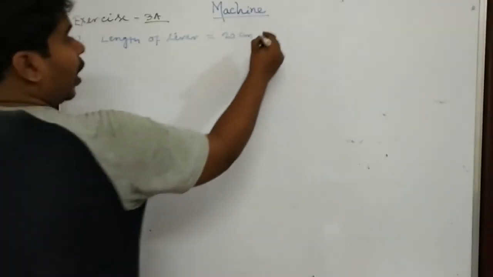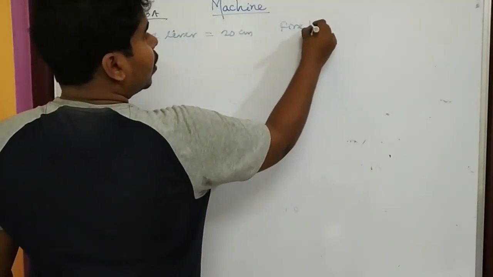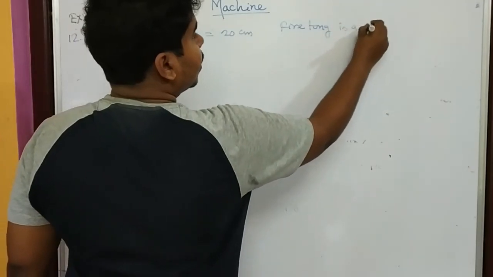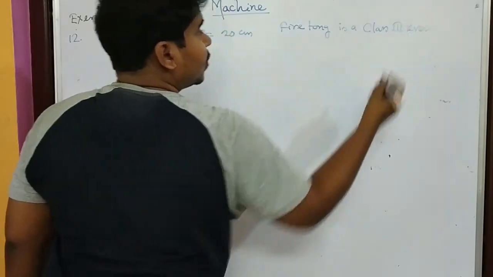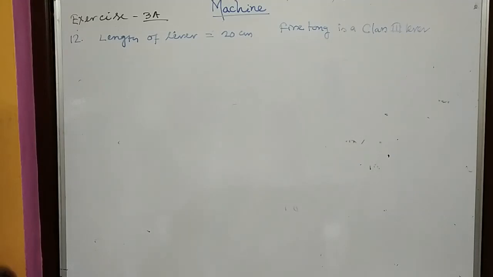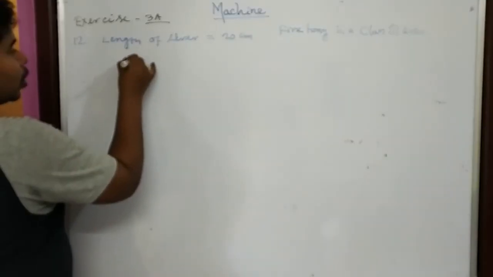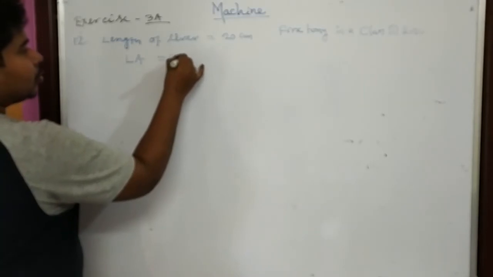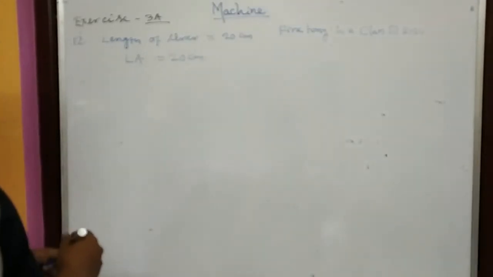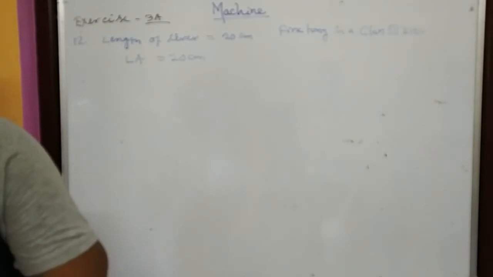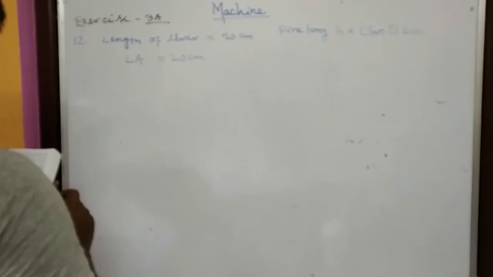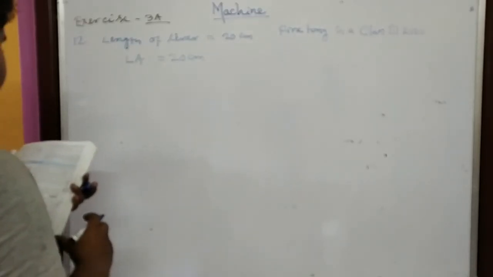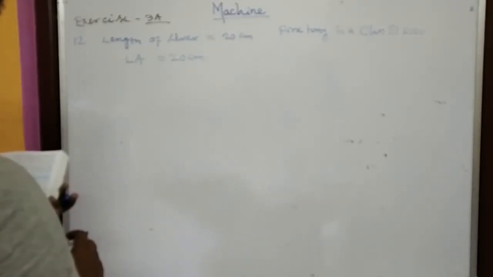What is it? Fire tongue. We all know fire tongue is a class 3 lever. So length of lever means load arm. Load arm is equal to 20 centimeter. For class 3 lever we have learned that length of lever should be equal to load arm. Next thing it is told, it is used to lift a coal of weight 1.5 kgf.